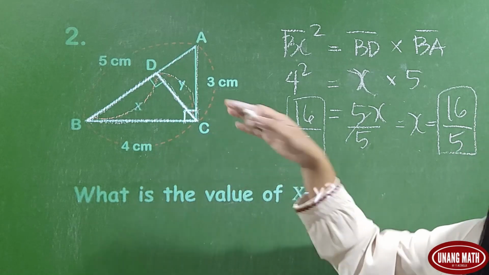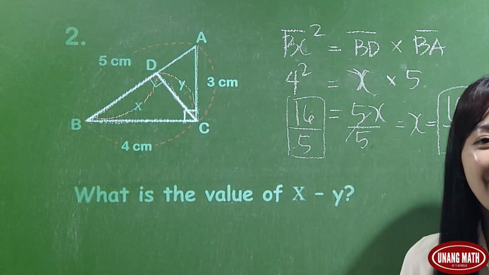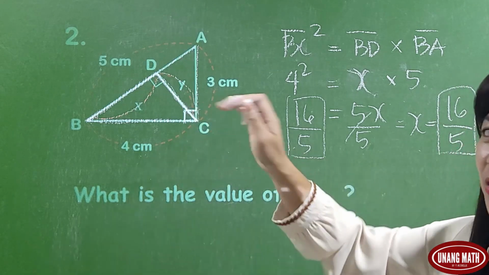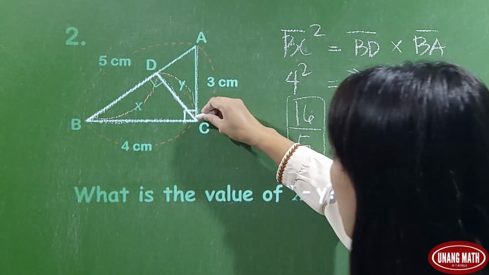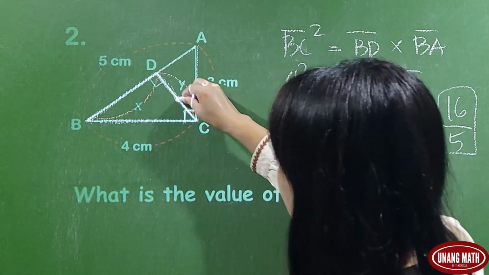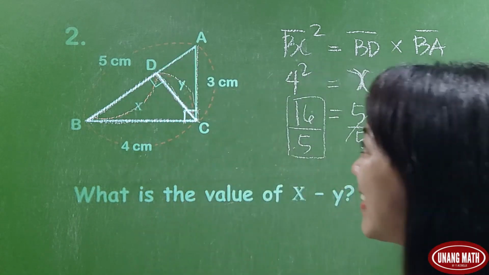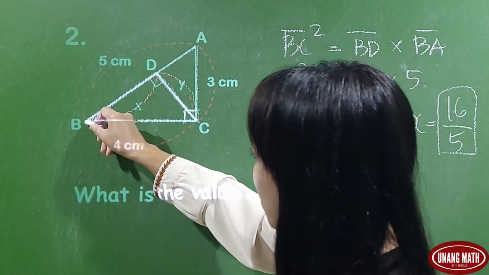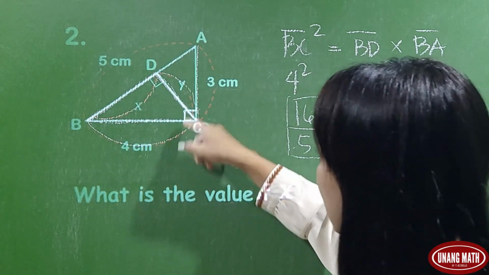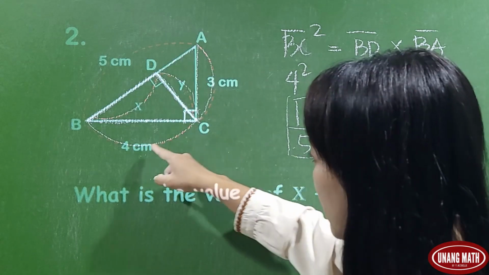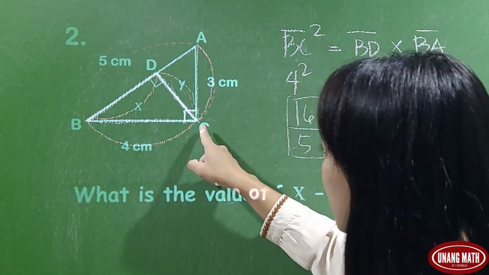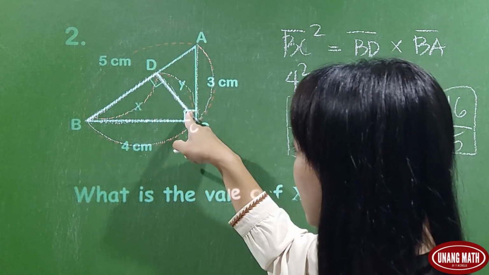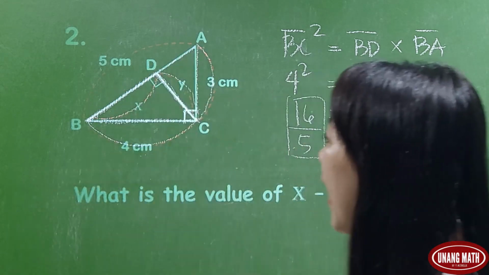We are going to use still the right triangle altitude theorem to find the length of segment CD. In here, we have to multiply the length of this segment times the length of this segment, that would be equal to segment BC times segment AB.